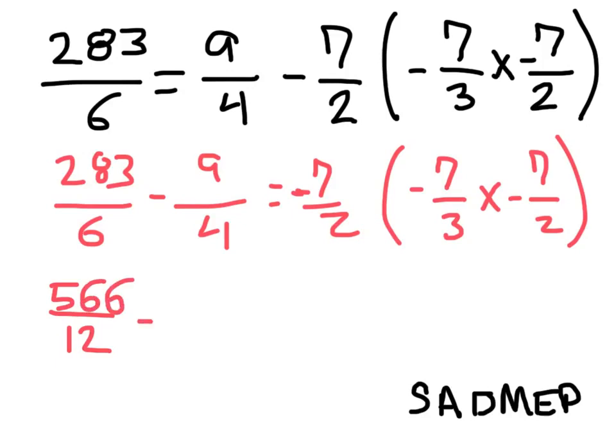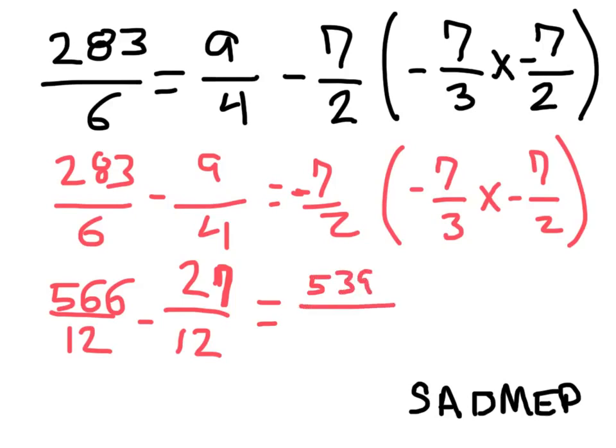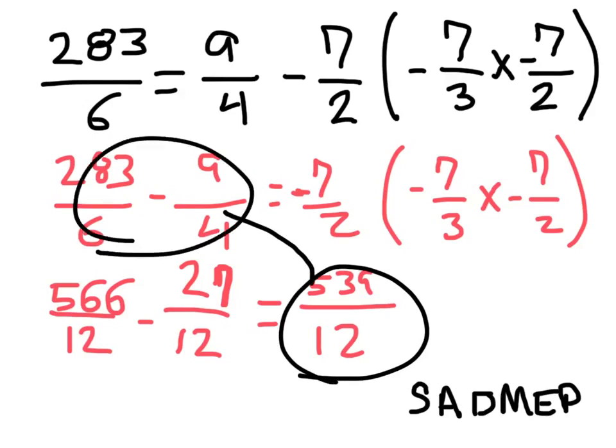And to get 4 to 12, we multiplied that by 3. And 9 times 3 is 27. 566 minus 27 is 539/12.